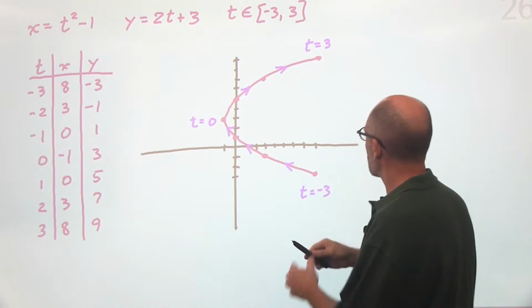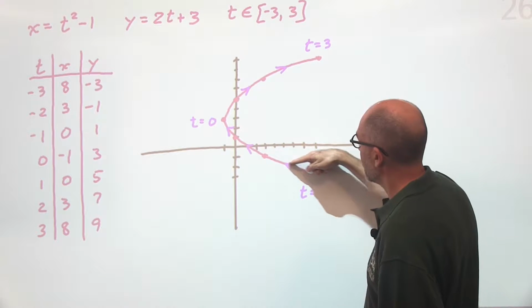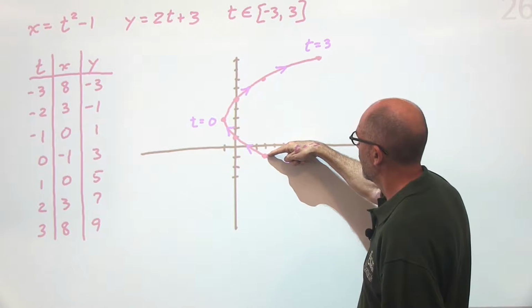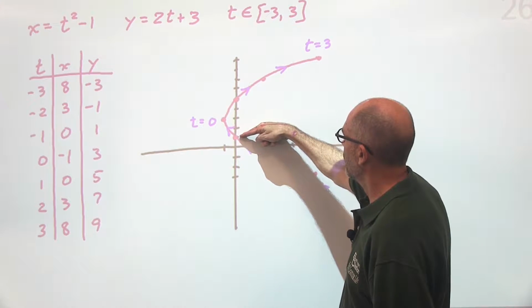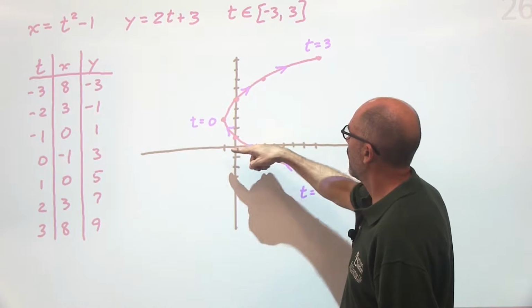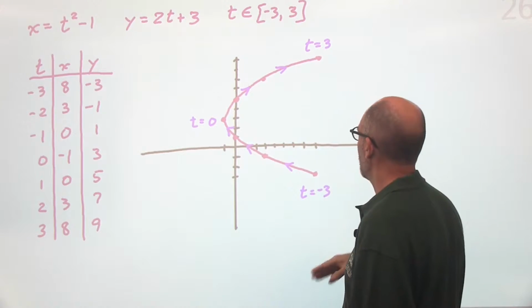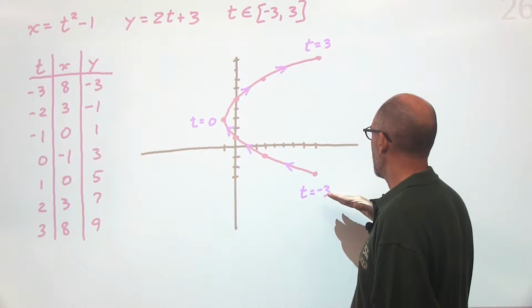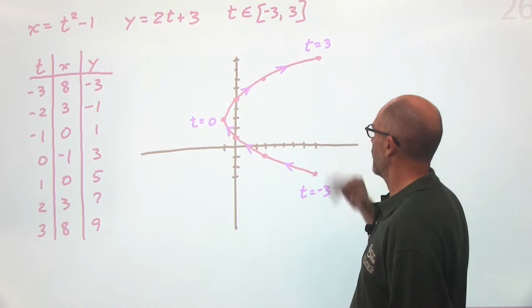So basically the progress has gone from t equals -3 to t equals -2. And then the next one, 0, 1, that's t equals -1. The point -1, 3, you're at t equals 0. So t is going from -3 to 0 and then back to +3.